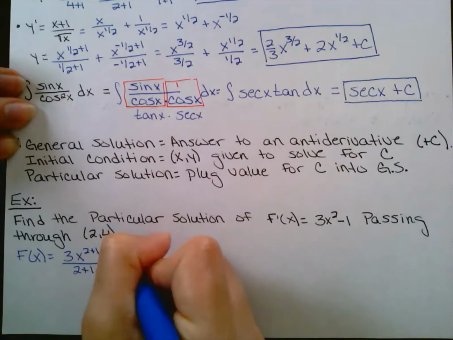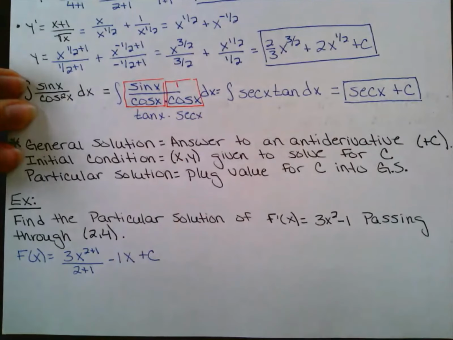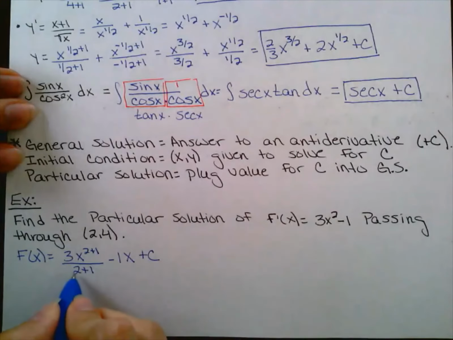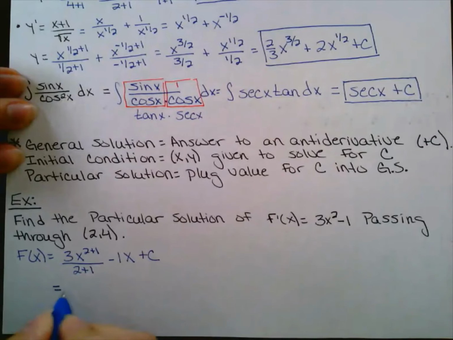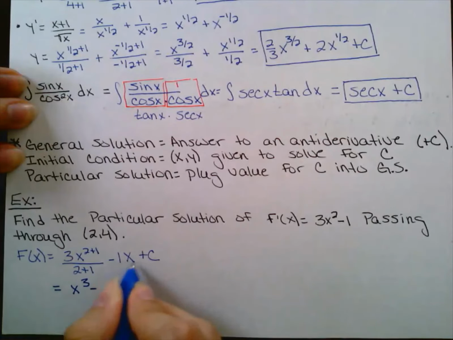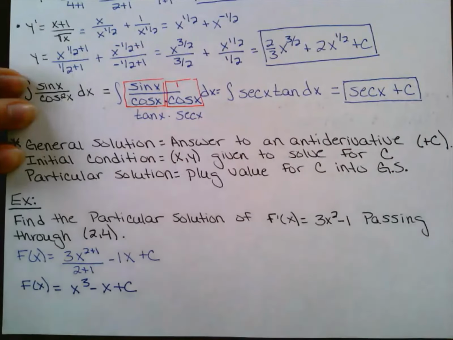You just add the variable, and then we say plus c. Okay, I'm going to take a quick moment to clean that. 2 plus 1 is 3. 3 divided by 3 is 1, x raised to the third power minus x plus c. Okay, so there's my function nice and clean.